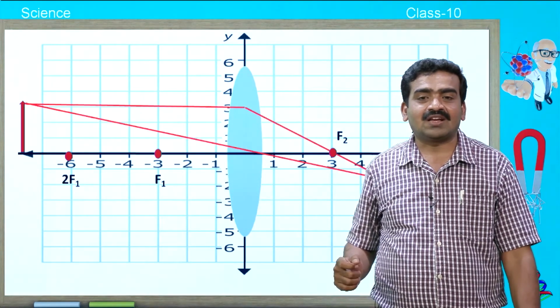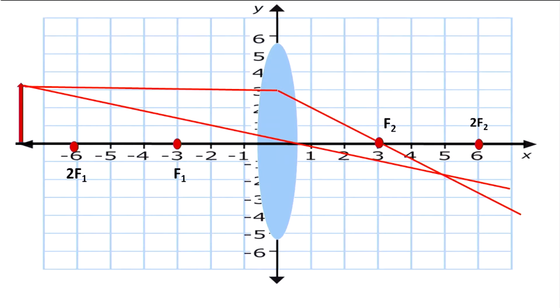You know that after refraction the image is formed on the other side of the lens. Here in this case, the image position is seen on the positive side of the x axis. That is why the image distance is written with a positive sign. But see, the image is towards the negative part of the y axis.